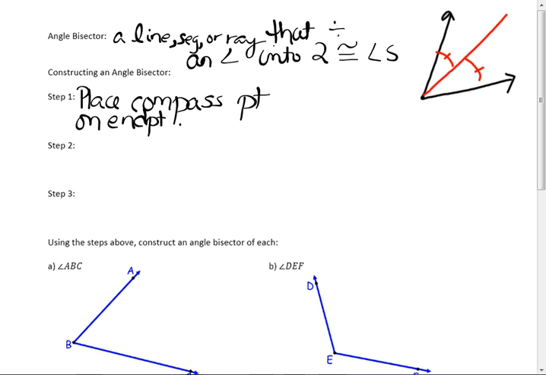Draw an arc so that it intersects both rays. I'm not sure how many steps they're thinking. That's all personal preference. Draw an arc intersecting both rays.